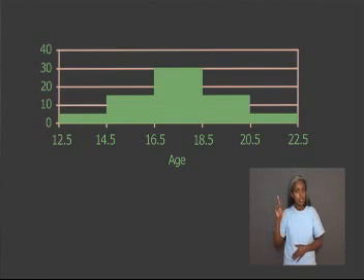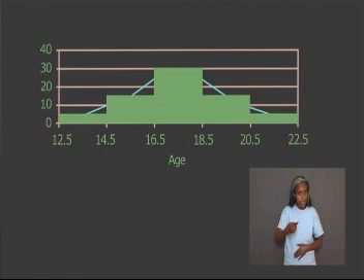In this case, it is the age of the students. The width of the bar indicates the class interval, and the height of the bars indicate the frequency of each class.